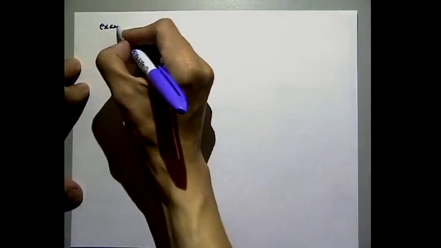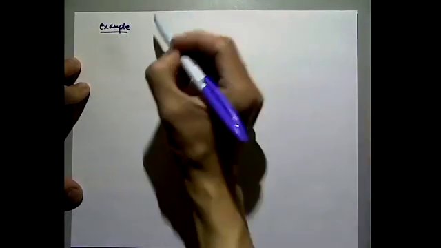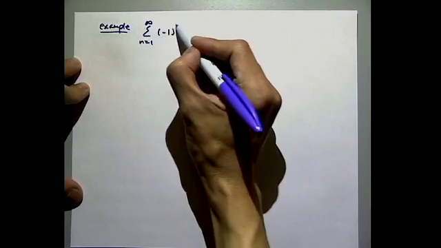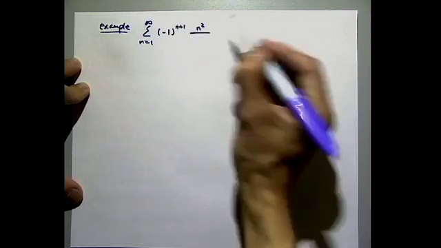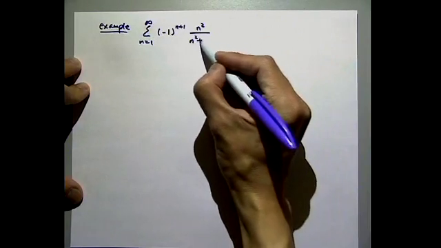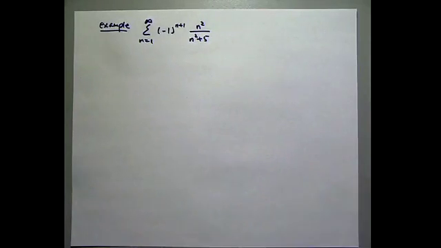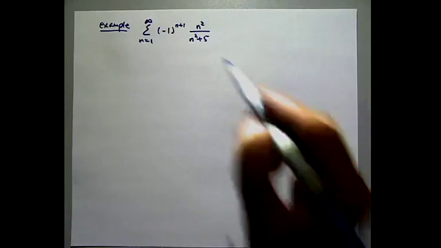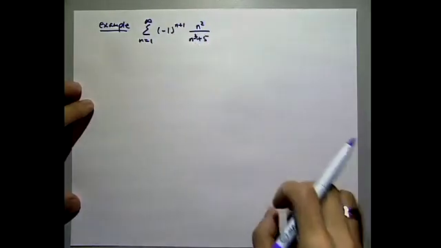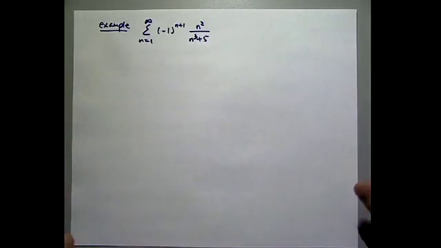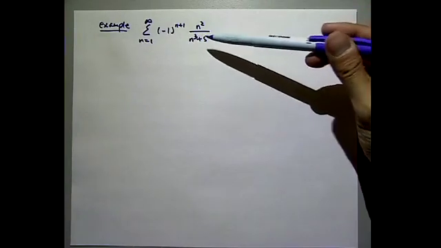And sometimes it's easier to check the decreasing requirement by taking a derivative. So one last example to show you how that happens. Oops, that's a 3 here. What happens if I left that as a 2 down here?